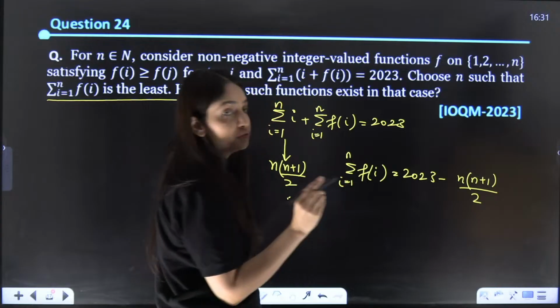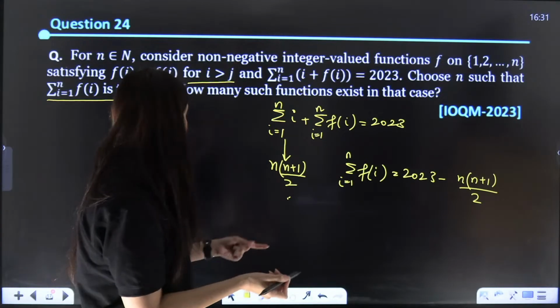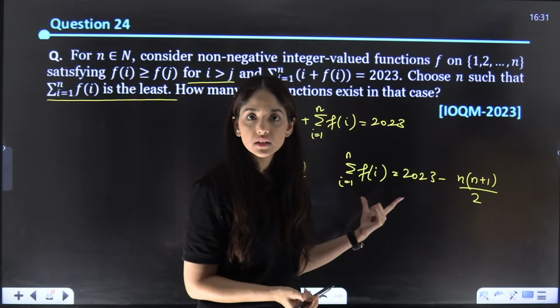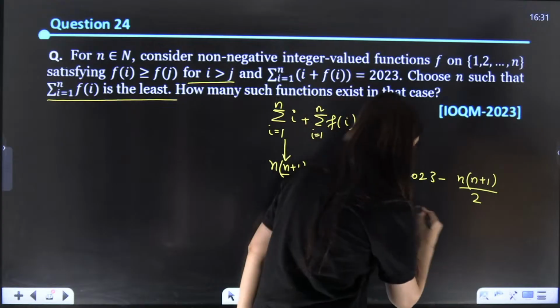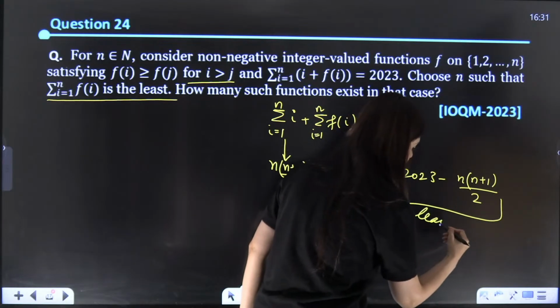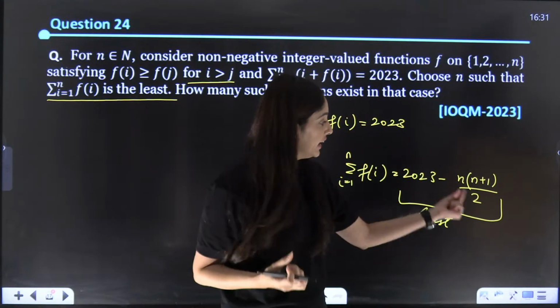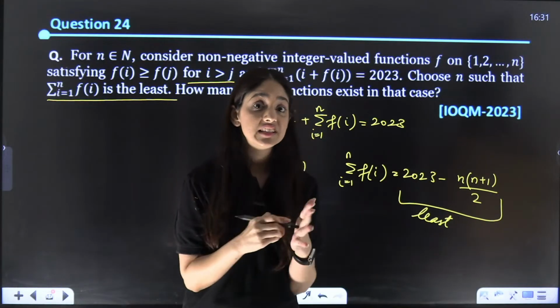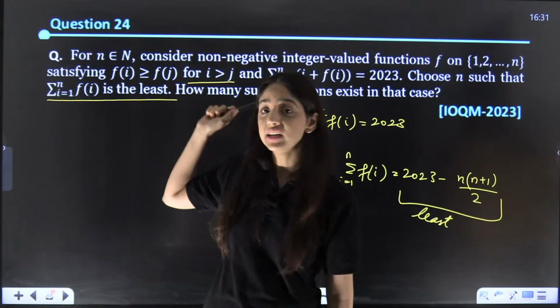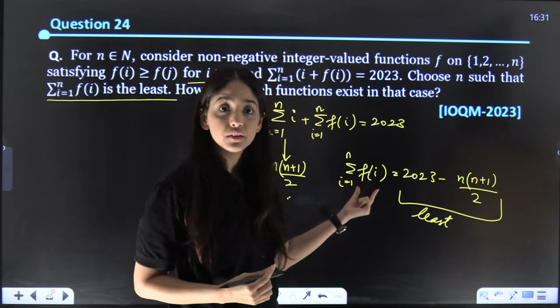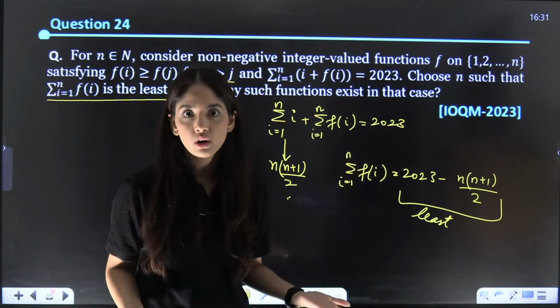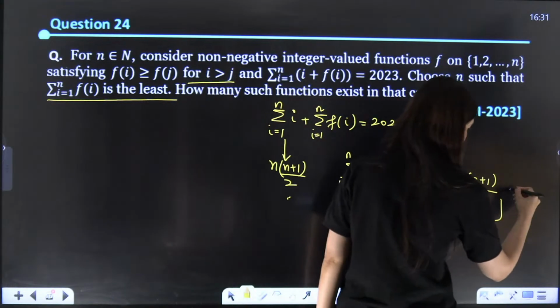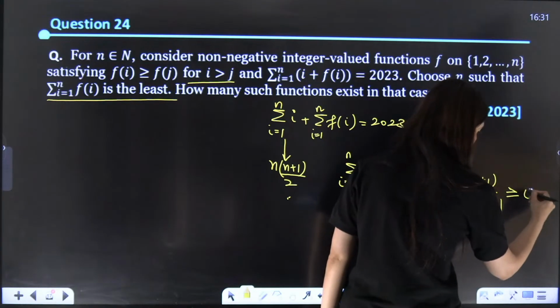Now we have to find an n such that this value is the least. This value is least, which means n(n+1)/2 needs to be maximum, but at the same time this is non-negative. The answer cannot be negative, so the sum can also not be negative. So this has to be greater than or equal to 0.